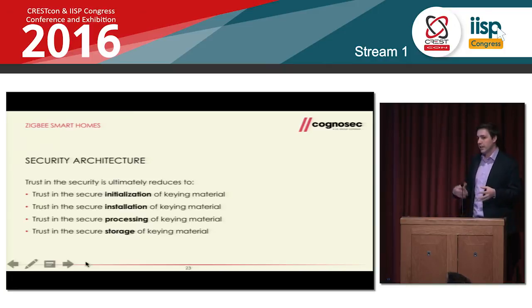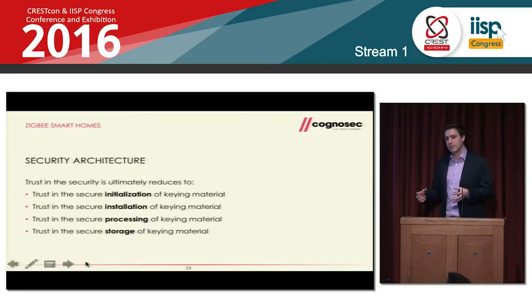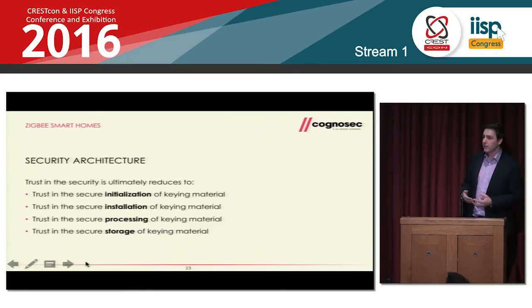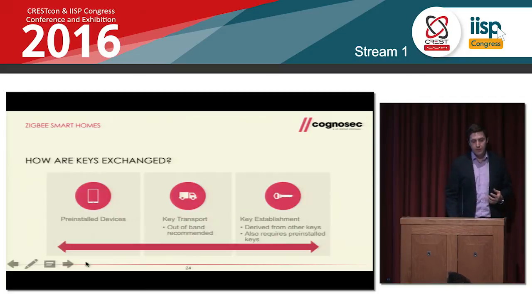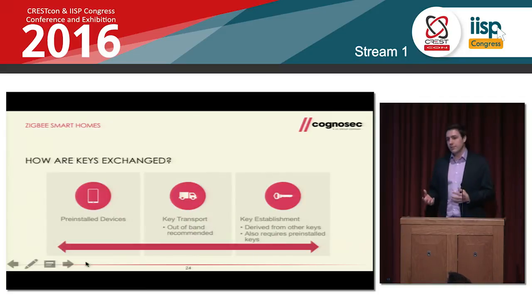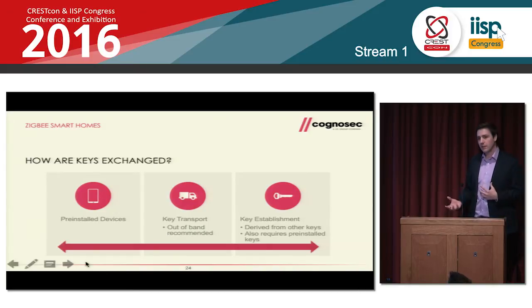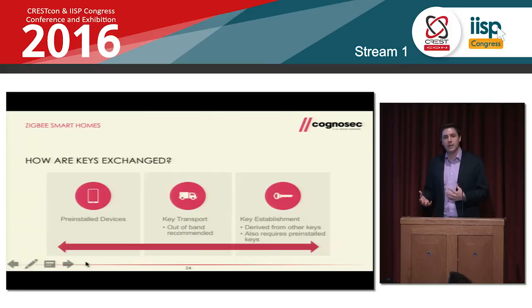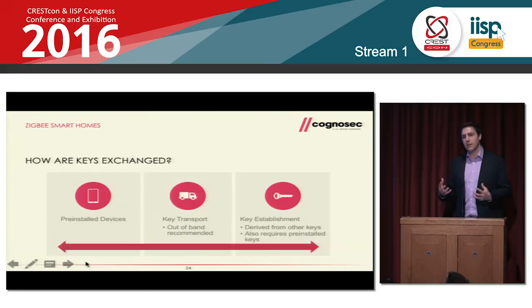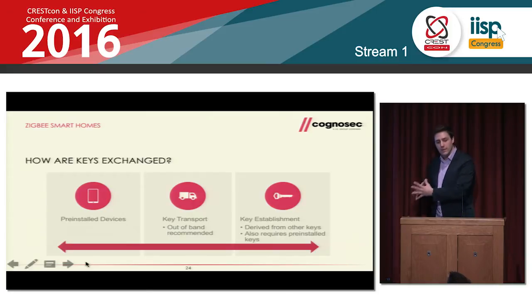You can imagine these kinds of devices are not built tamper resistant, so you will be able to read keys from firmware or whatever. Like Alex mentioned before, the pairing procedure is very critical in this area for IoT, and so it's very interesting how the keys actually get to the device.